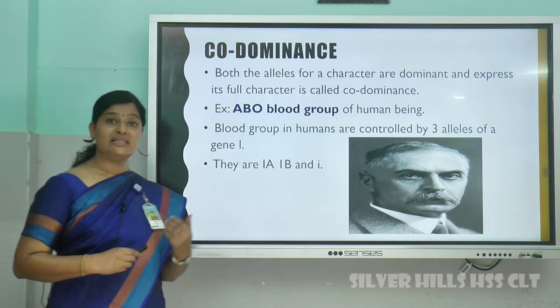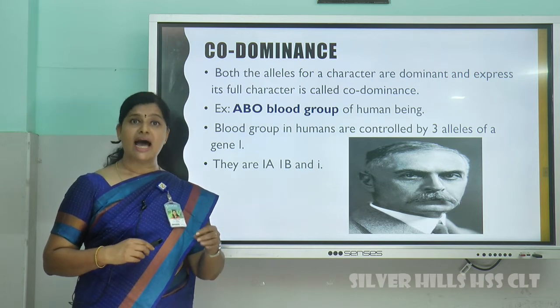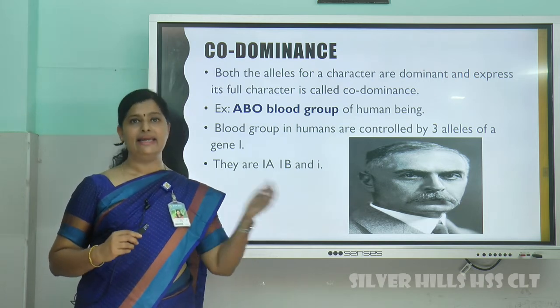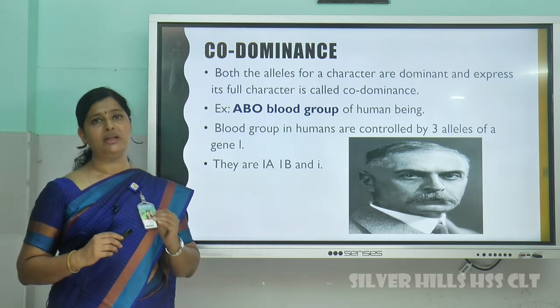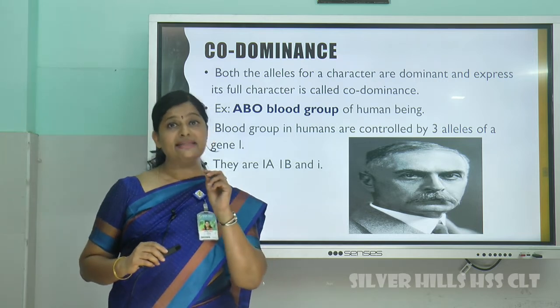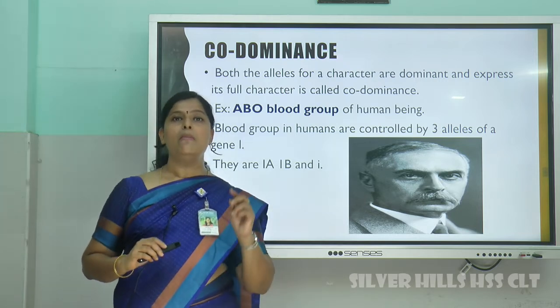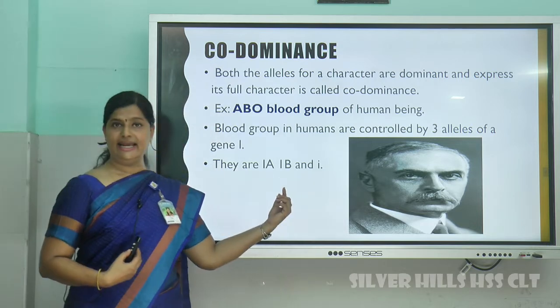What is multiple allelism? A gene which has more than 2 alleles. That phenomenon is called multiple allelism. So ABO blood grouping is an example of multiple allelism also.